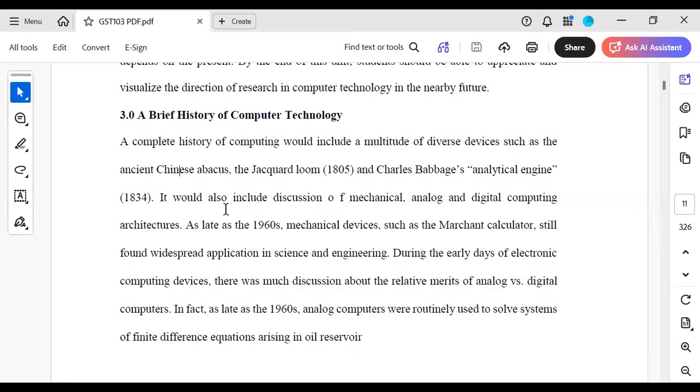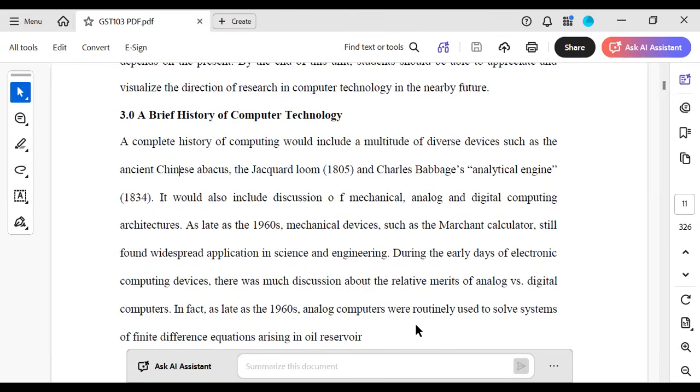As late as the 1960s, mechanical devices such as the Marchant calculator still found widespread application in science and engineering. During the early days of electronic computing devices, there was much discussion about the relative merit of analog versus digital computers.